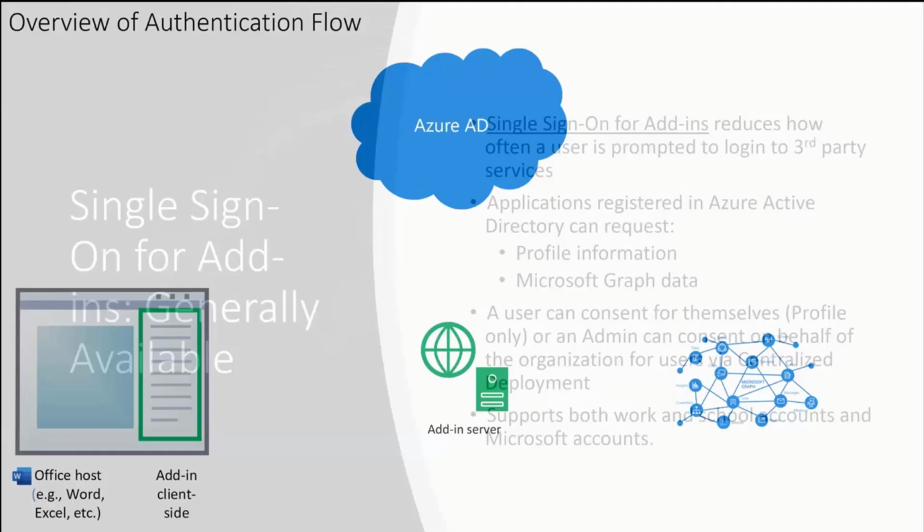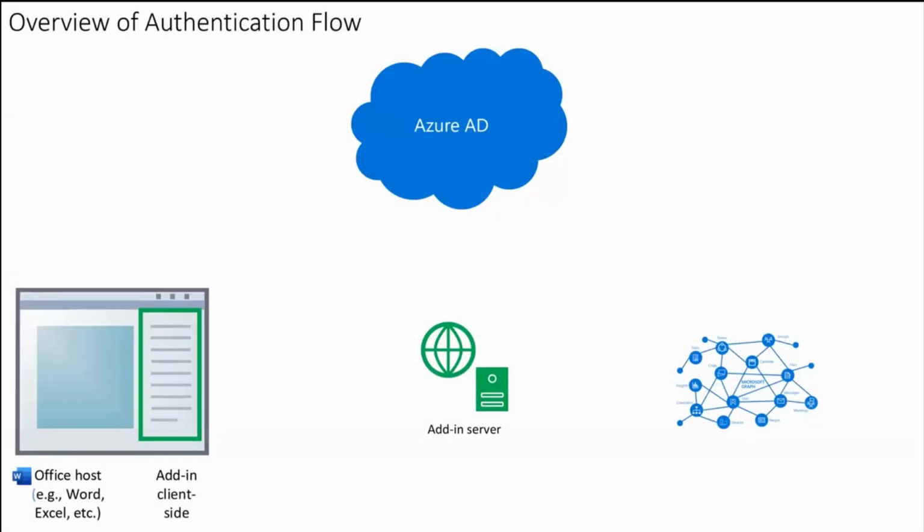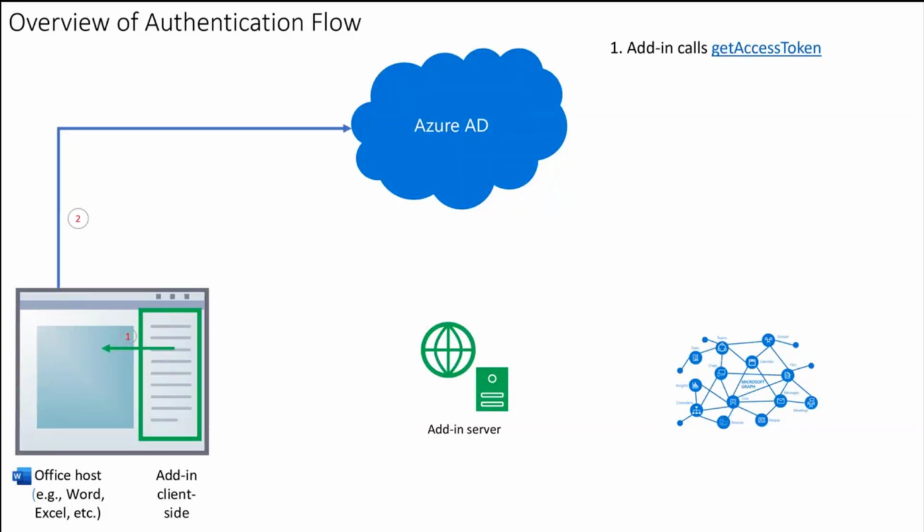I just want to talk a little bit about how the flow works, and you may have seen this before, but we'll go through it real quickly. You have an add-in on the client side, and that creates a request to get access tokens. This is the call that's saying, hey, I want to know who this user is. That calls out to Azure AD.